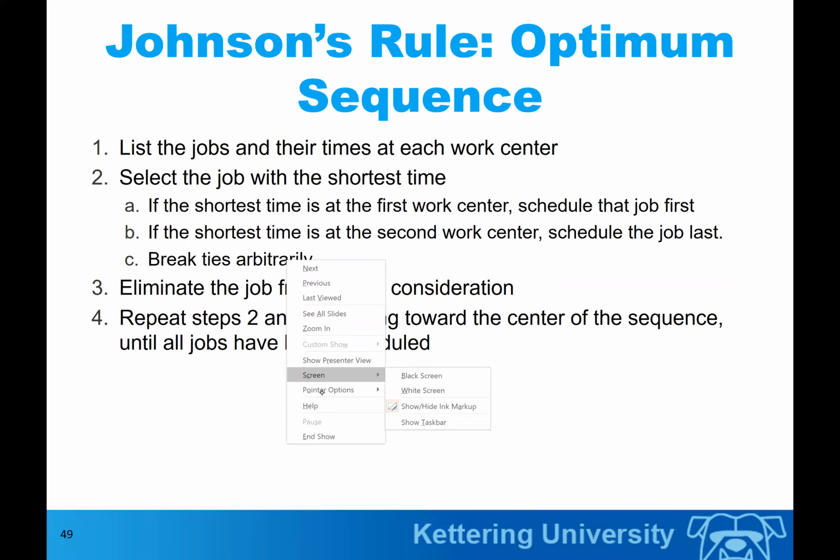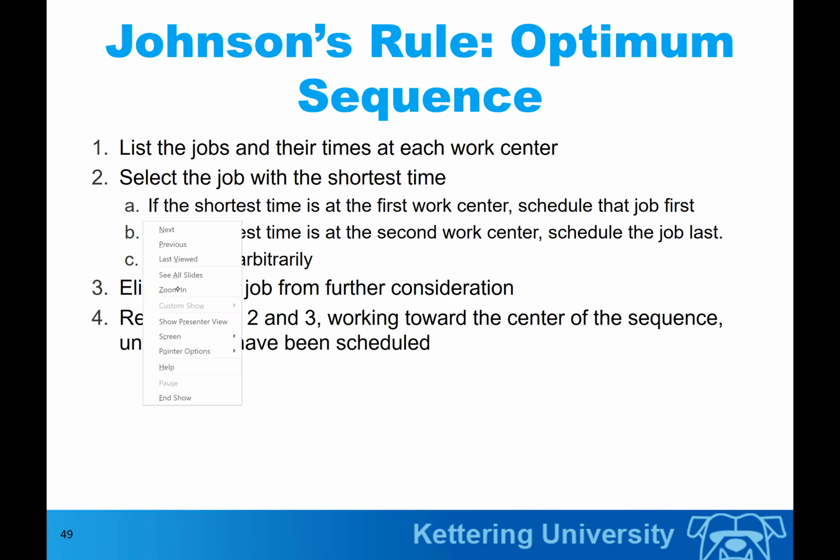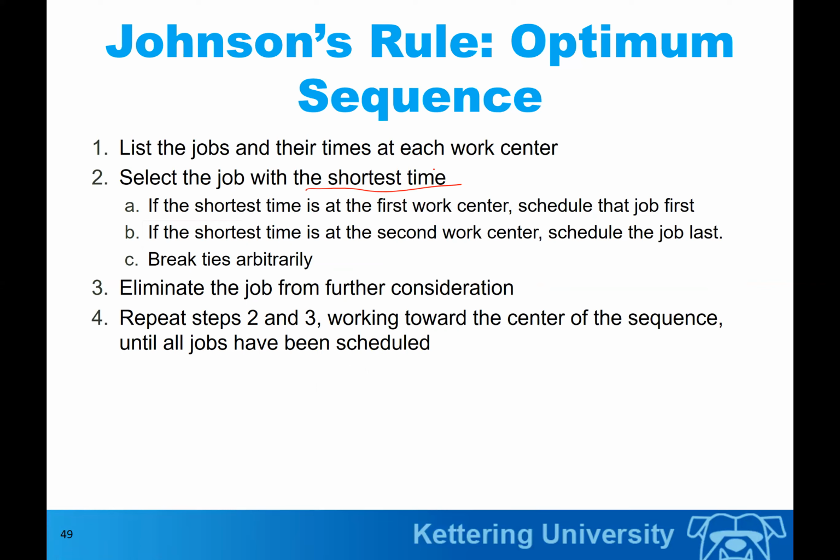Let's briefly look at it, but it will be much easier to learn that technique through one example. It says to list the jobs and their times at each work center. Select the job with the shortest time, but if that shortest time belongs to the first work center, schedule that job first.